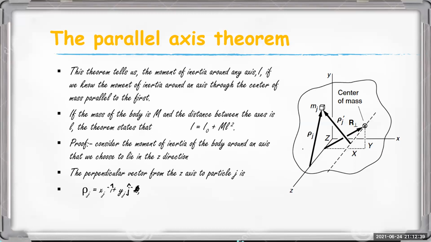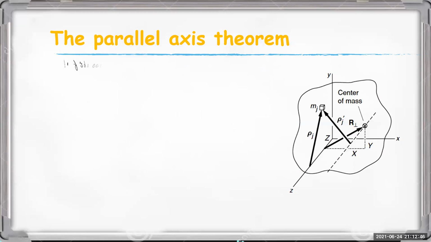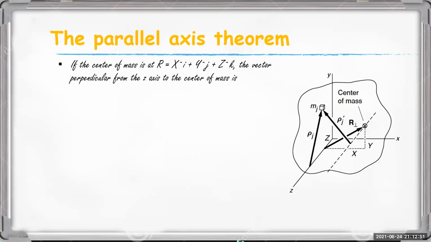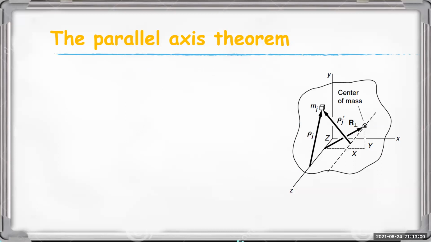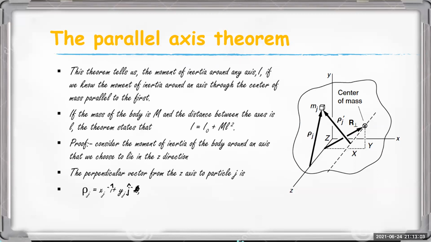Here rho j is the perpendicular distance to the jth particle.